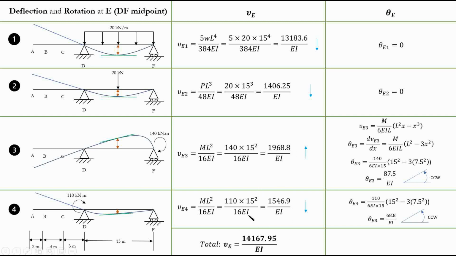You will see this value, of course, in the downward direction, right? And theta, same. In this case, we only have 2 counterclockwise rotations, so you will just end up with this value. So this is for point E. Now we can move to our other deflections that might be a little more complicated.